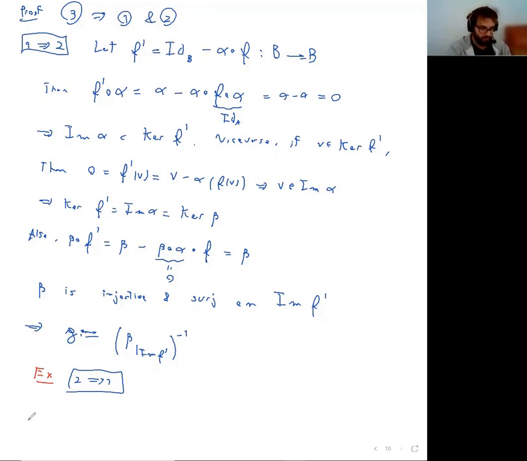But then 1 plus 2 implies 3. Assuming either 1 or 2, we see that they're equivalent. We can take phi to be just F plus beta.